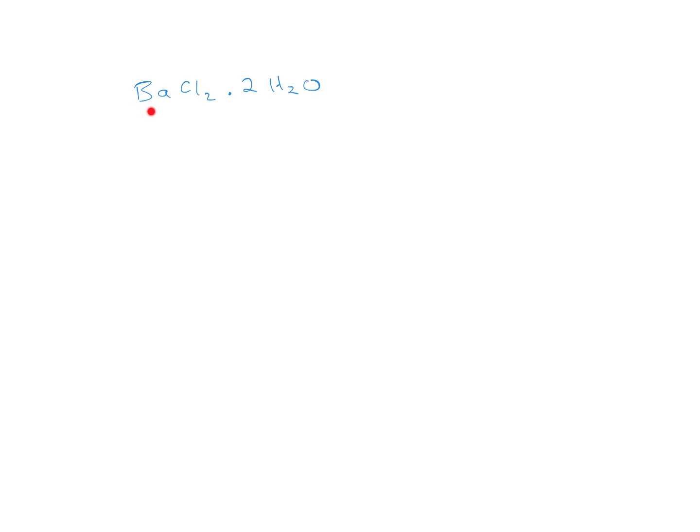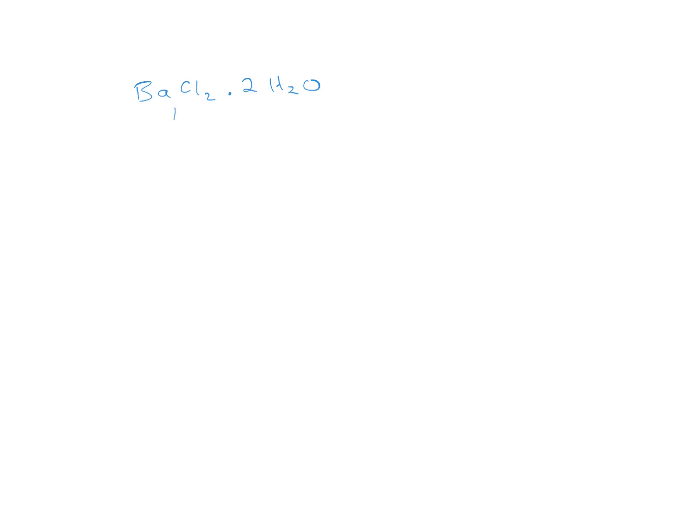We'll work out the mass of this part, and then the mass of this part, add them together, and that will give us the total mass of the hydrated salt. So use your data leaflet to work out the atomic masses of the barium and chlorine, etc.